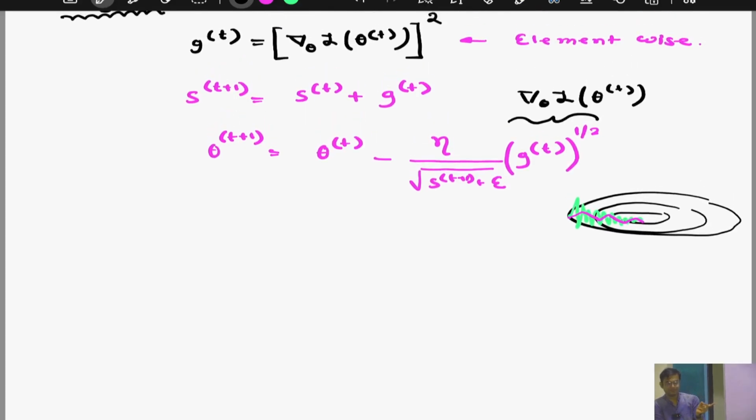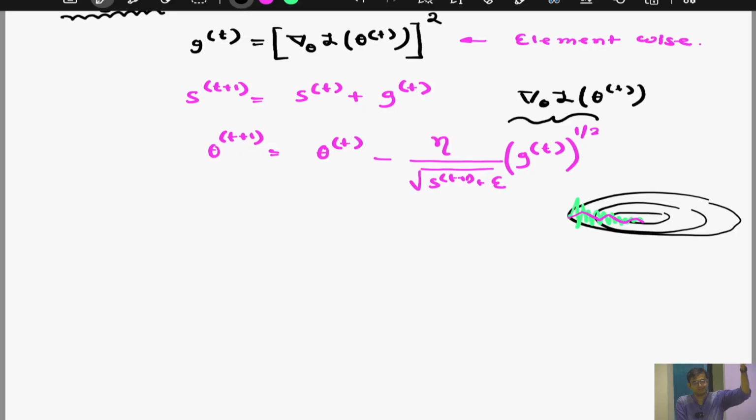Yes and no. It has some history information, so it looks like momentum. But momentum, remember, was changing your gradient. In this case the gradient is not getting changed, it is getting scaled. The learning rate is getting scaled based on some history information.